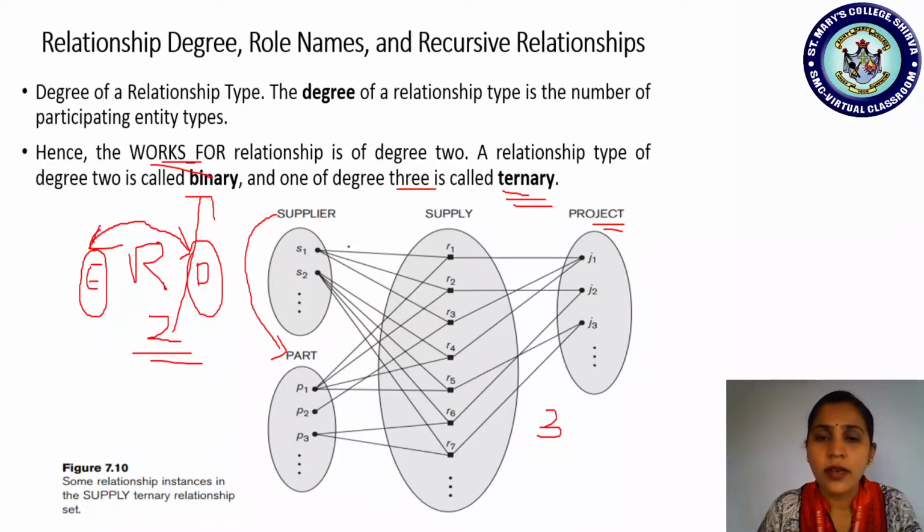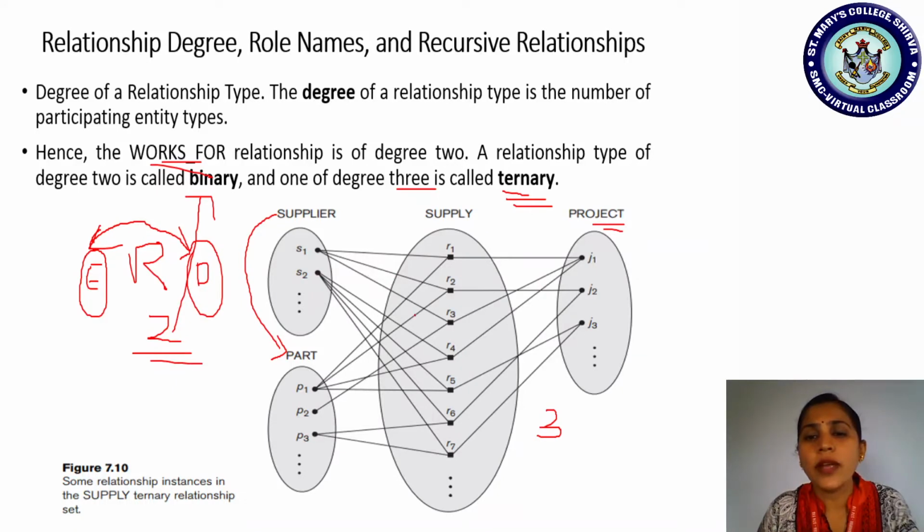Supplier 1, R1 is an instance, that is supplies. Supplier 1 supplies, just check the arrow mark here, part 1, P1 to which project? J1 project.